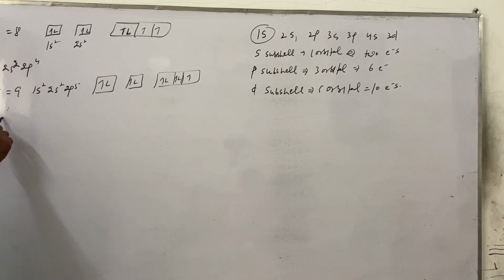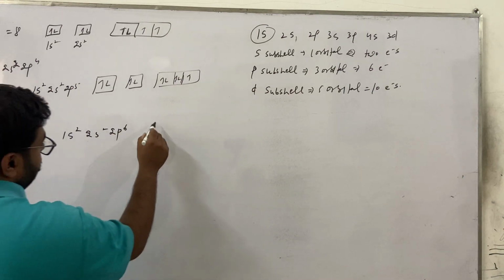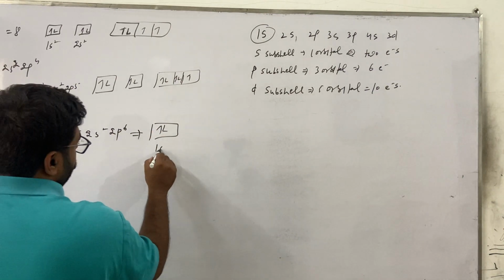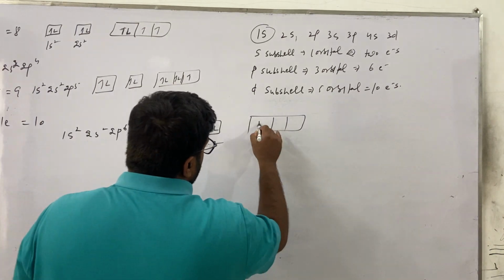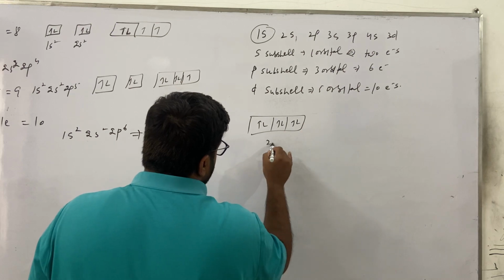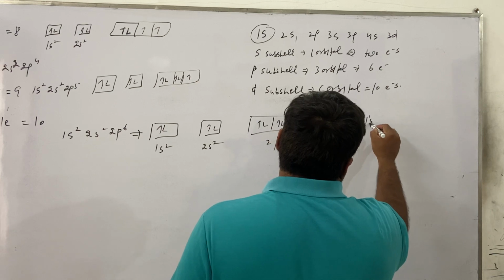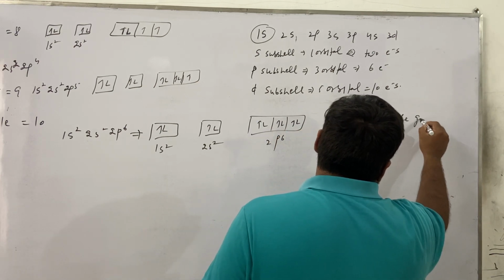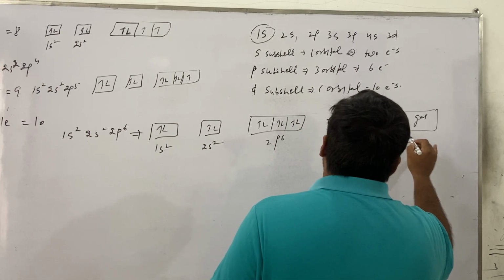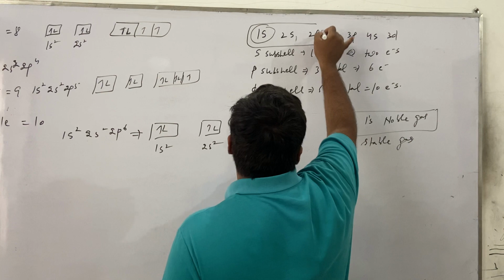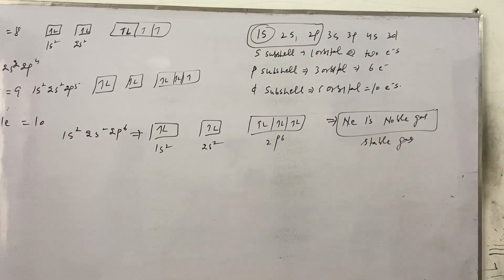For example, neon has 10 electrons, 1s2, 2s2 and 2p6. That is why we can write it as 1s2 totally filled, 2s2 totally filled and 2p6 also totally filled. Now neon is a noble gas and a stable species. So up to a 10 electron system we can use the 1s orbital, 2s orbital and 2p orbital.